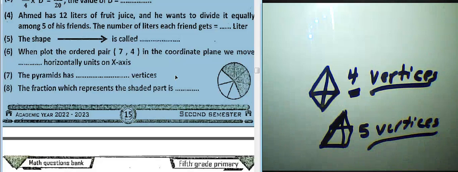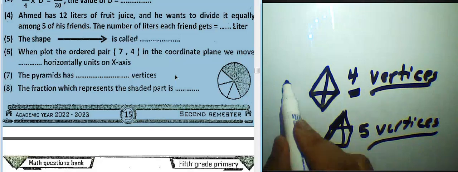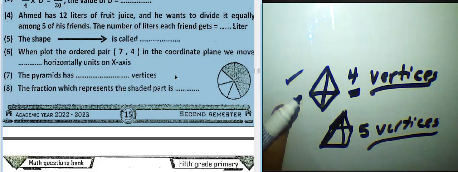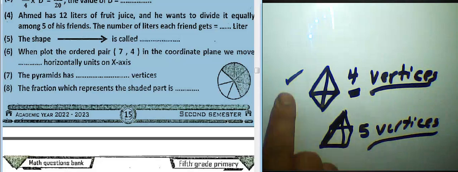But in this example, he asked about pyramids. Pyramid means shape number 1. This solid here has 4 vertices. If he changes it and writes base or square pyramid, you must write 5. But in this example, you must write 4 vertices.